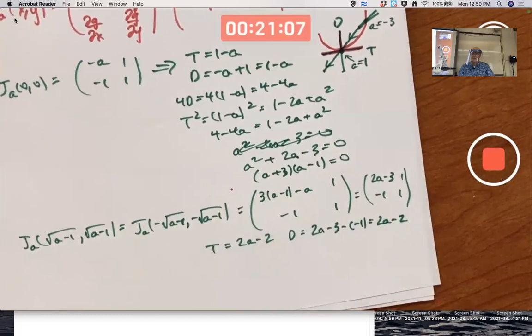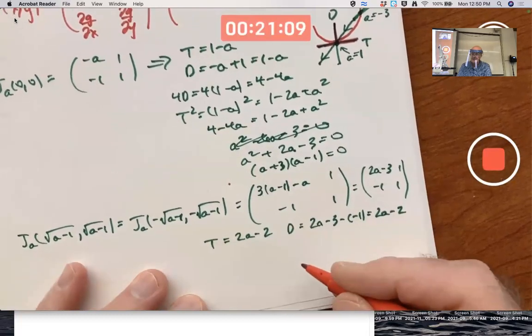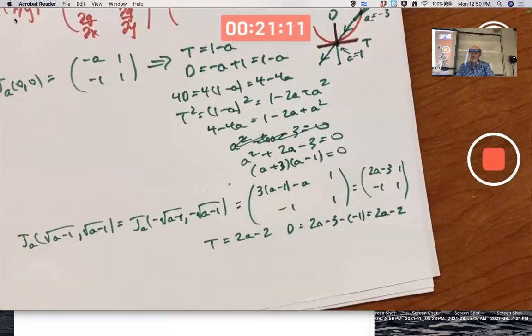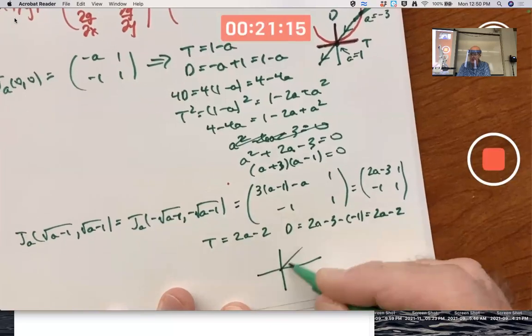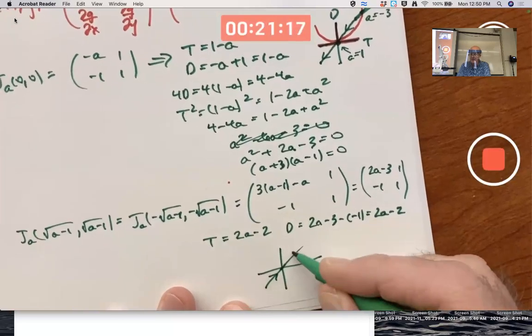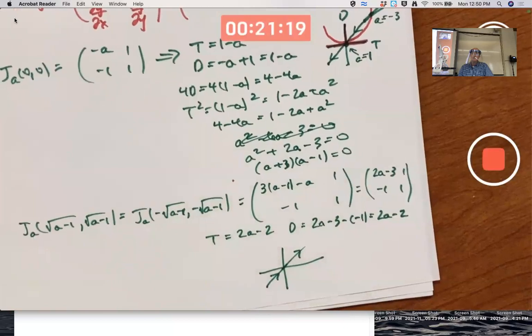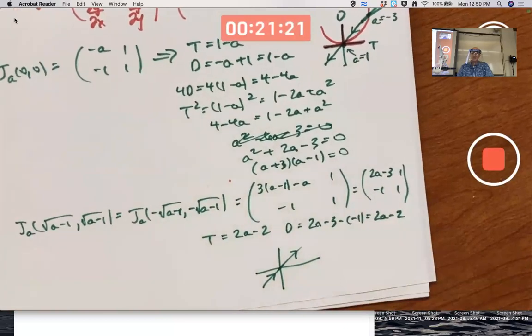In this case, you're crossing in the trace determinant plane here. You're still on the line to the origin with a slope of 1, but now you're going rightward as a increases, because these things increase as a increases.